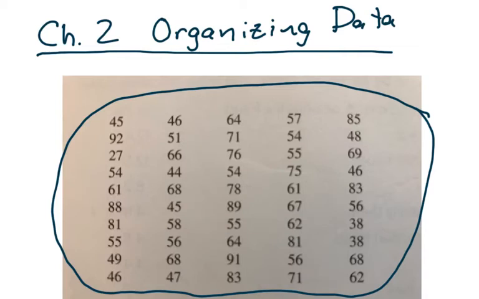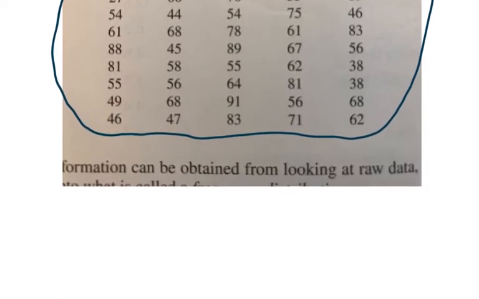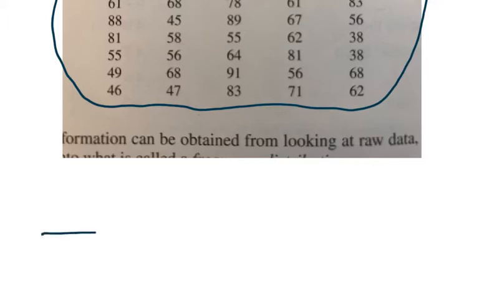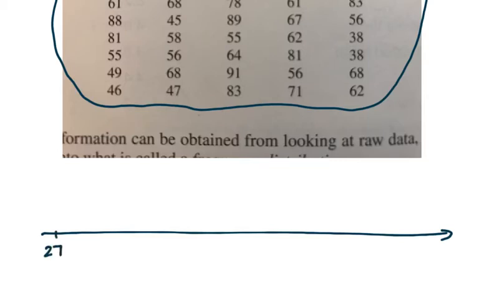Now, one method of organizing our data is illustrated here below. Uh-oh, I chopped it off. So what we will do is we'll draw an x-axis, and here are the different data values that we will have. So our data points, our datum run from 27 for the lowest value all the way up to 92 for the highest value.